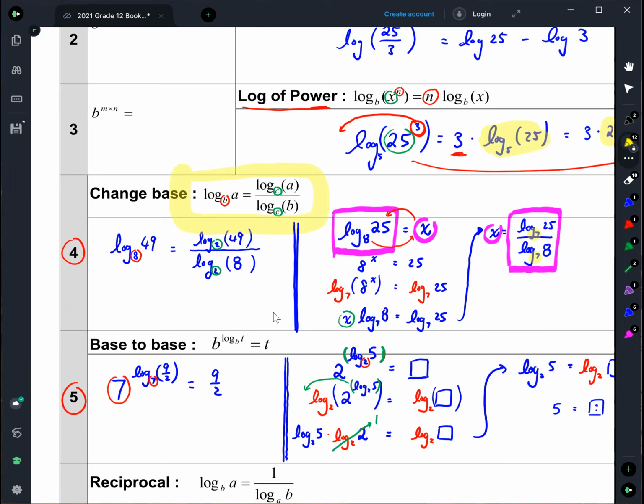So no magic here, okay? There's a magic revealed. If I don't show the proof, it looks like magic, right? How come it equals a new base? How come you can split 49 to the top, 8 put it at the bottom?